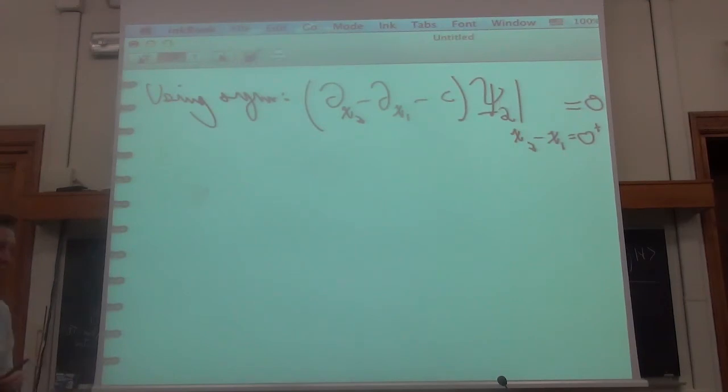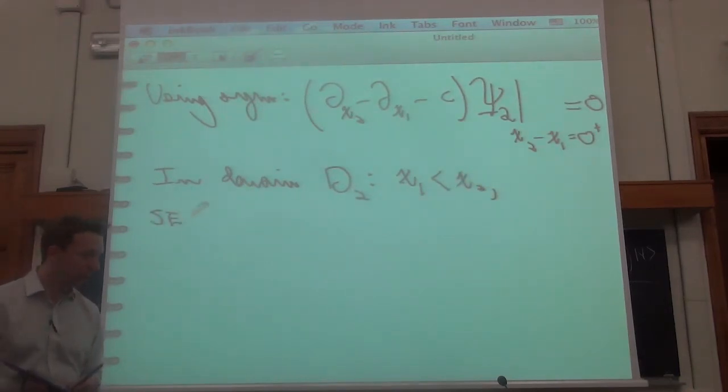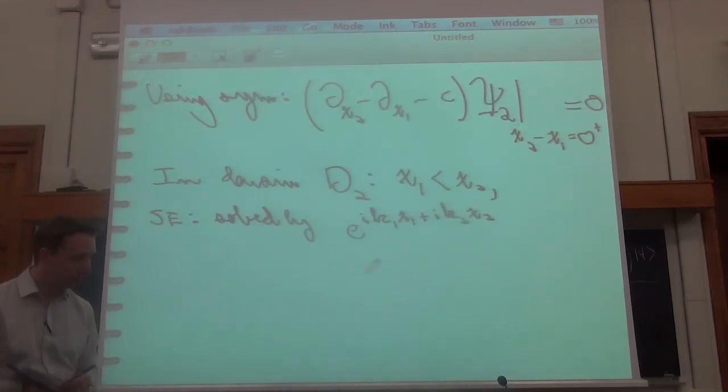So we define the domain D2, which is by definition x1 less than x2. The Schrödinger equation is solved by the form e to the i(k1 x1 plus k2 x2), or e to the i(k2 x1 plus k1 x2).